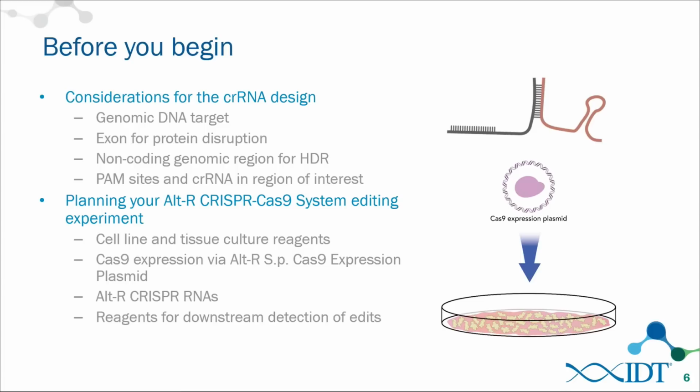It should be said that our protocols are based upon our own in-house research, and we do make specific recommendations for delivery of, for instance, the Cas9 expression vector as well as the Alt-R CRISPR RNAs. But that's not to say that these recommendations are not for IDT products. They have just been for ones that work best in our hands, so there may in fact be room for optimization in your own hands in your own specific experiments.